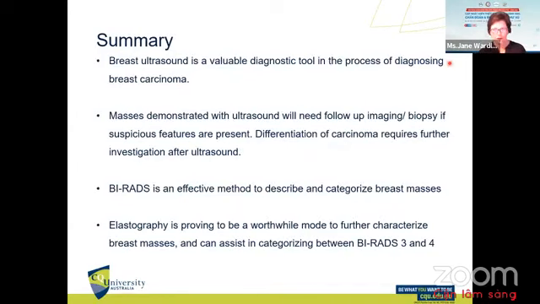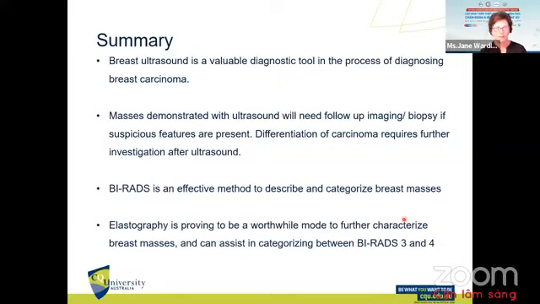So to summarise, breast ultrasound is a valuable diagnostic tool in the process of diagnosing breast carcinoma. The suspicious masses demonstrated with ultrasound will need following up with other imaging or biopsy, and differentiation of the carcinoma requires further investigation after ultrasound as well, so we can tell what type of cancer it is.